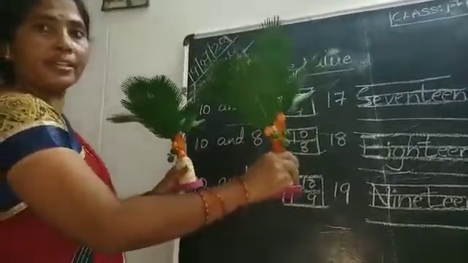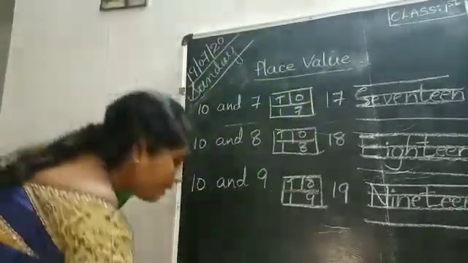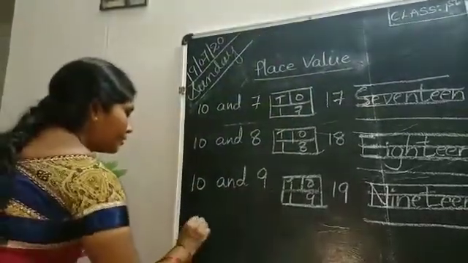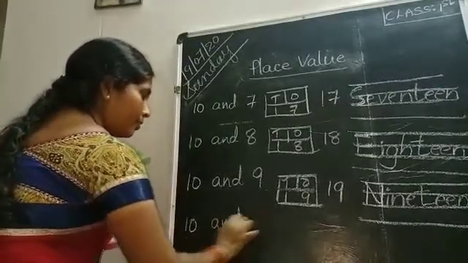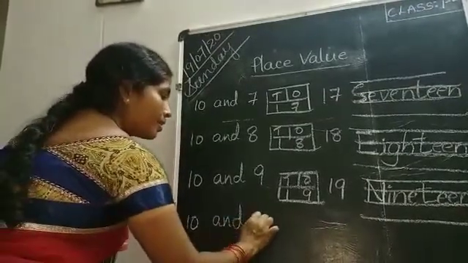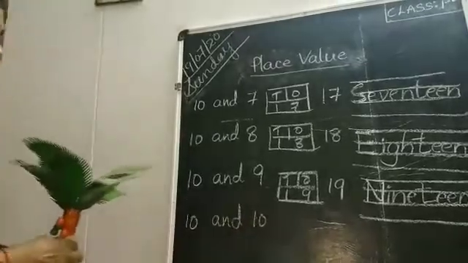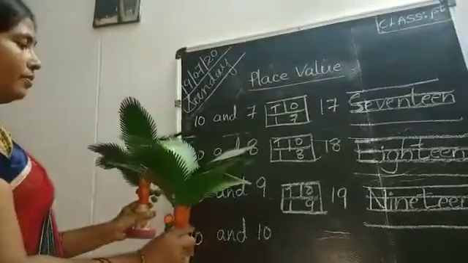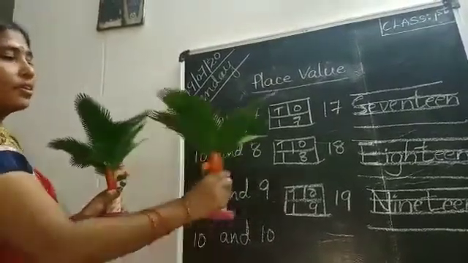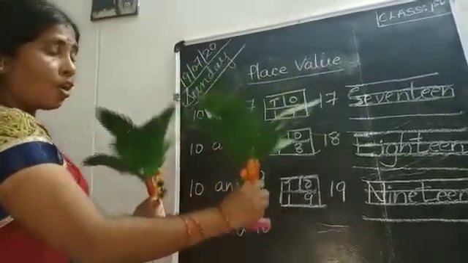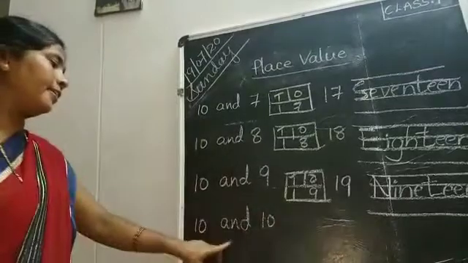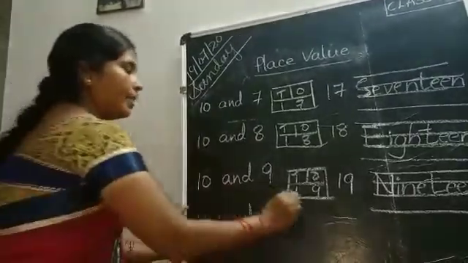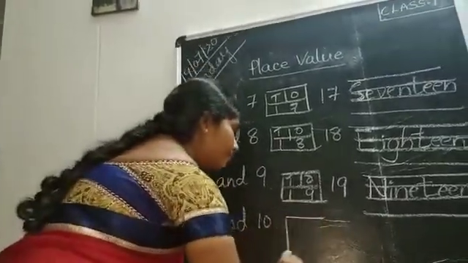Here already 10 is there. Now one more 10 is there. Now how many tens? 2 tens. See here, 10 and 10.